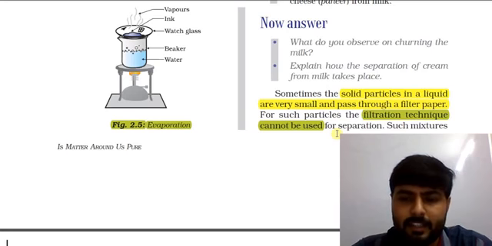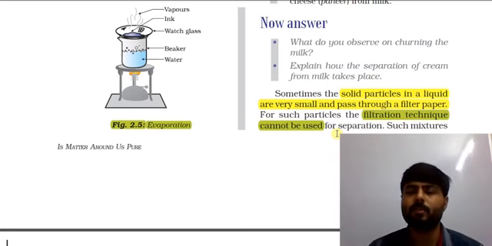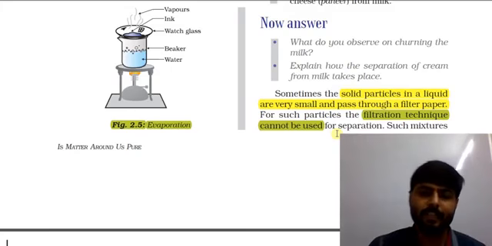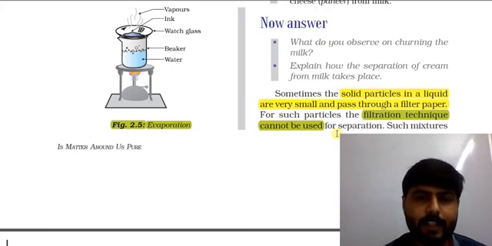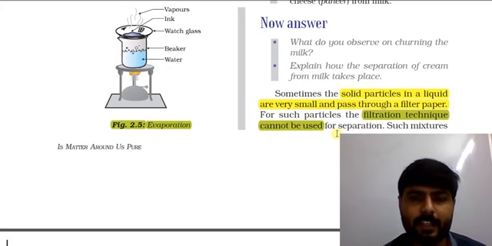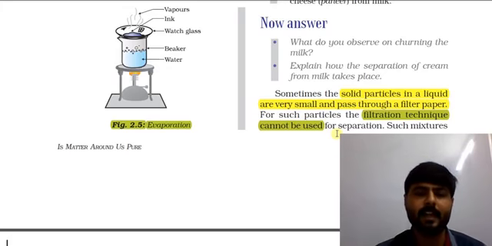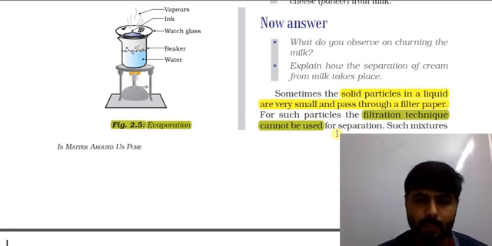Sometimes solid particles in a liquid are very small and pass through the filter paper. As we have seen, we cannot separate milk with the filter paper or filtration technique because these particles are very small.